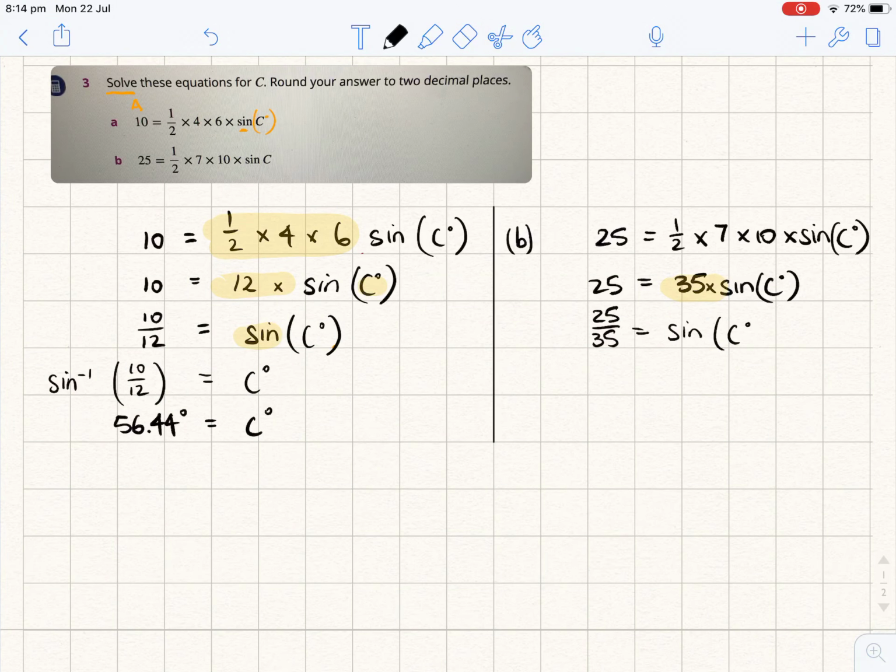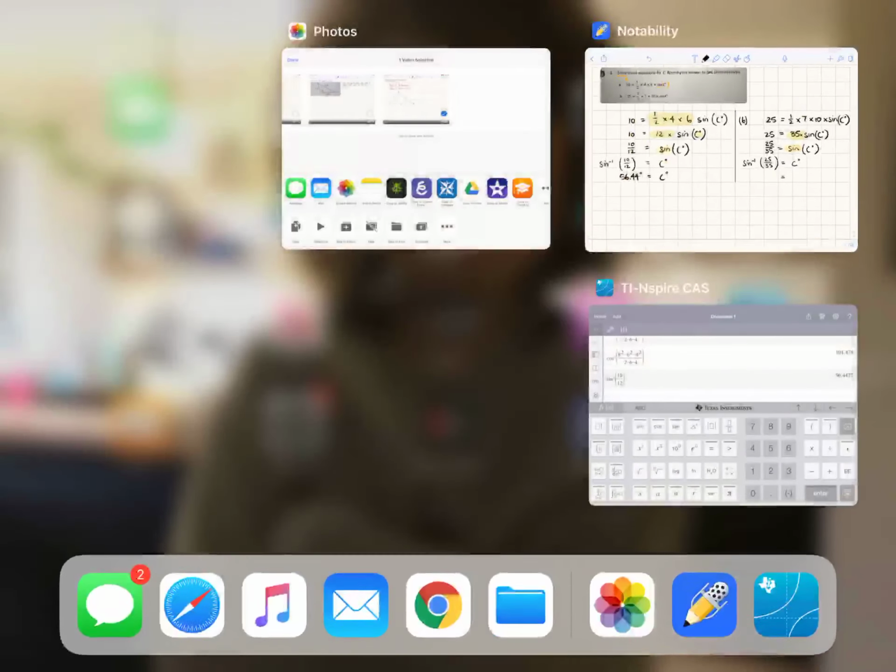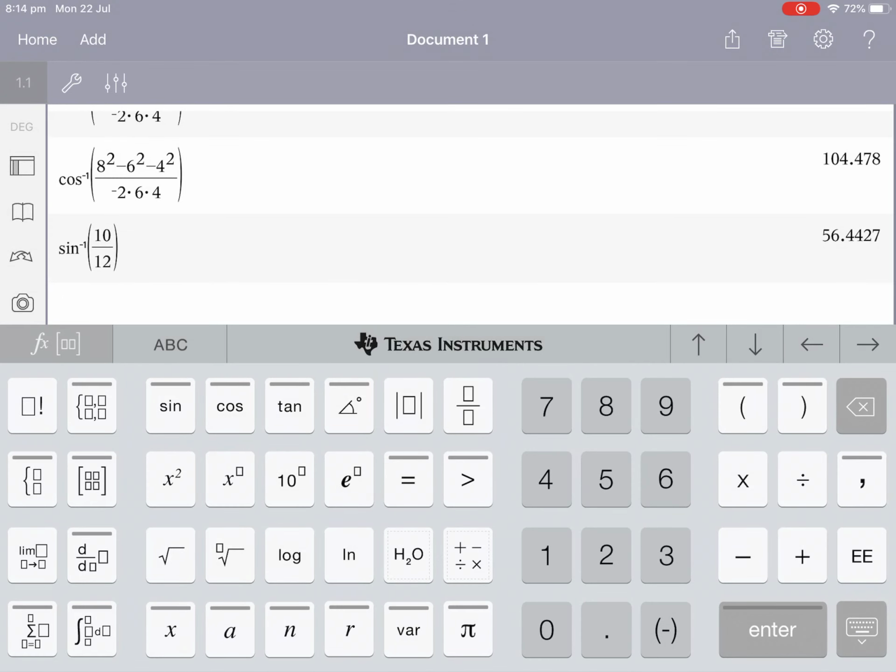And the opposite of sine is inverse sine. Go straight to your calculator, and I want sine to the minus 1 of 25 over 35. Decimal approximate, 45.58.